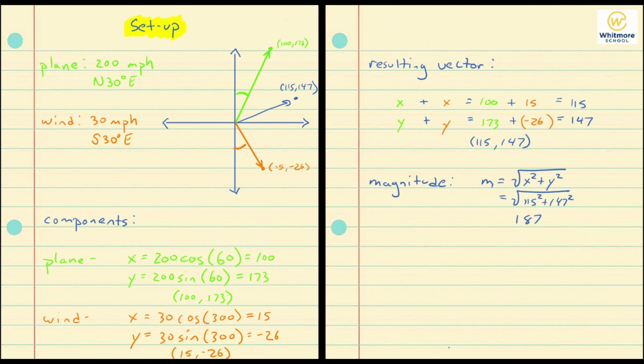So what that then tells me is that I know the point of the resulting vector is going to go from the origin to the point 115, 147. The magnitude of that vector is 187. So now we've got two very important pieces of information.